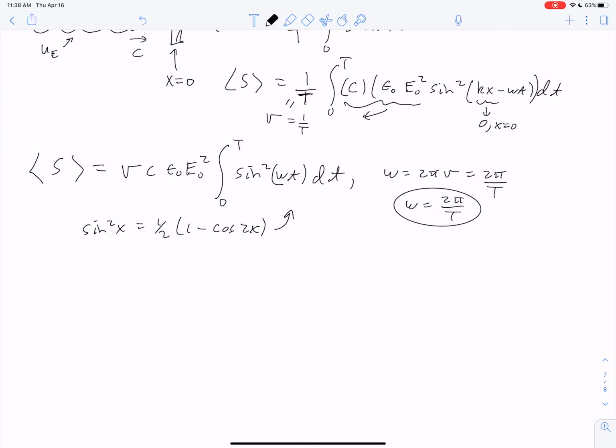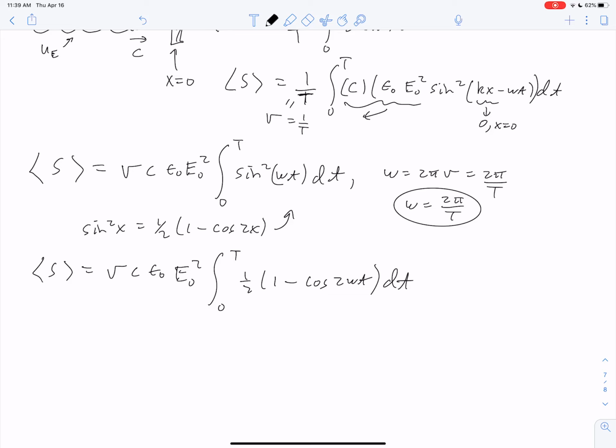And so we'll see that our average power is equal to the frequency times c times epsilon naught E naught squared times the integral from 0 to T of 1/2 of 1 minus cosine 2 omega t dt.